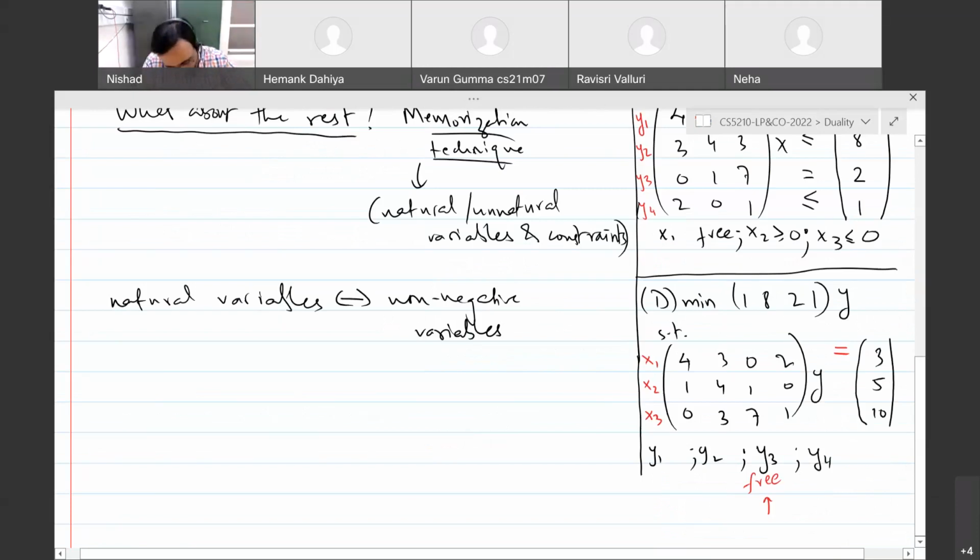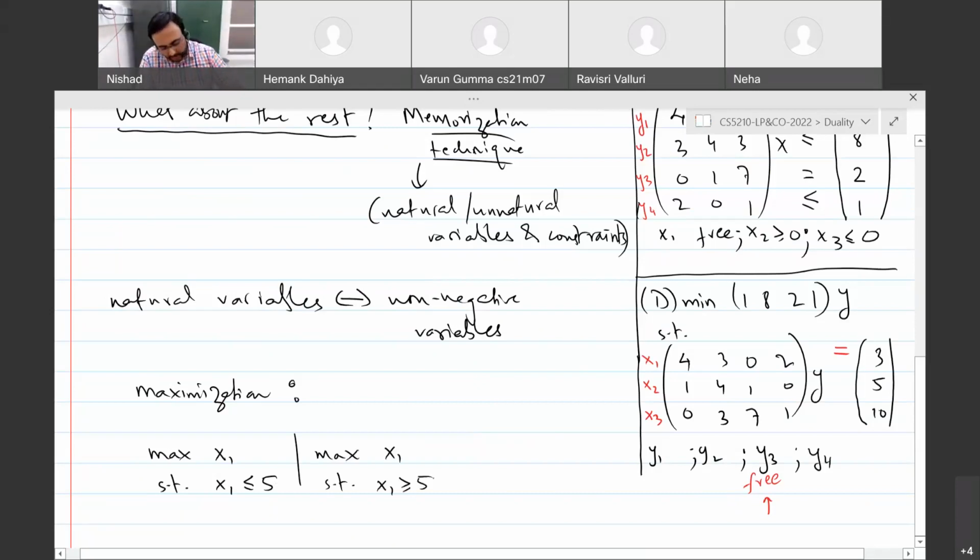So for a maximization problem, let me ask you the following question. Maximize x1 subject to x1 less than equal to 5. Another possibility is maximize x1 subject to x1 greater than equal to 5.